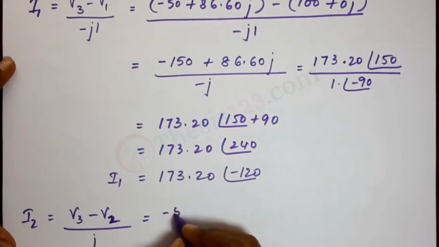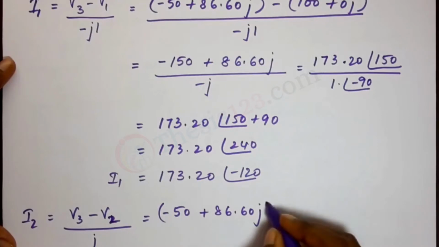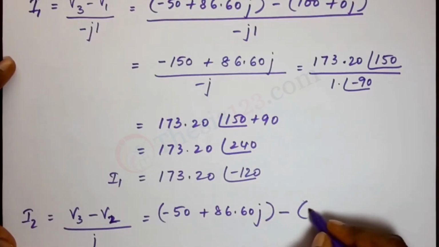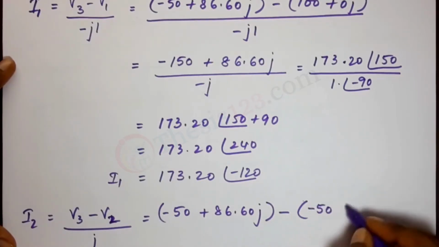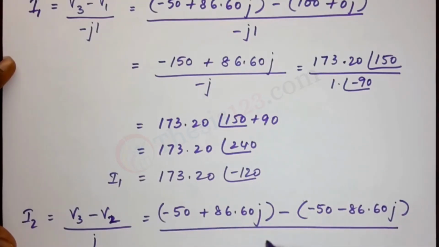We should have minus 50 plus 86.60 J, that's V3, minus V2, which is minus 50 minus 86.60 J, whole divided by J. Now let's solve this. 50 cancels out and that leaves us with 173.2 J divided by J. Now we can cancel out the J's and that will leave us with 173.2.